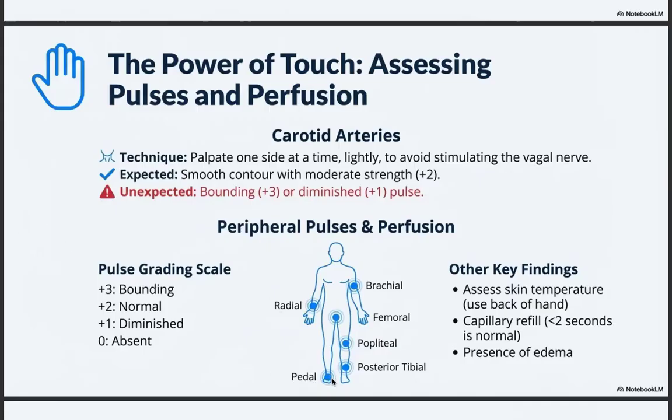Like if this pedal pulse down here was actually blue, like how this dot is, you're worried about poor circulation, right? Especially if you can't feel a pulse. This is very important for patients who just had an MI and are coming back from a cath lab after getting a PCI. We have to check the pulse distal to where, let's say they went in through their femoral artery, which is one of the most common places, femoral or radial.